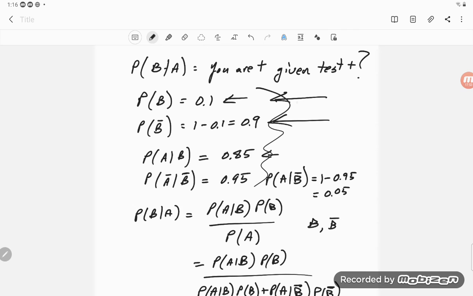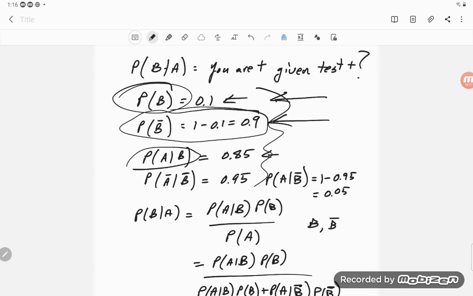If they are vastly different from each other, if the one I'm looking for is vastly different from everything else, it turns out that the conditional probability here is going to be very, very different.